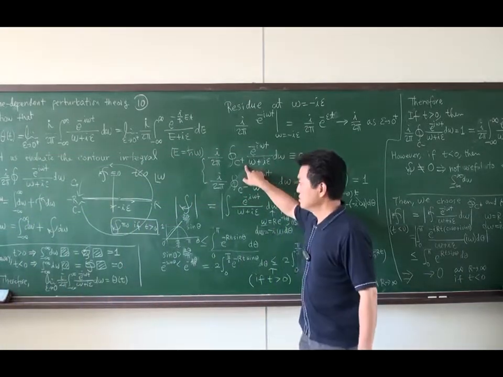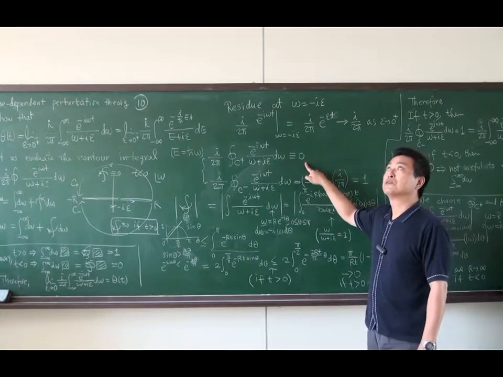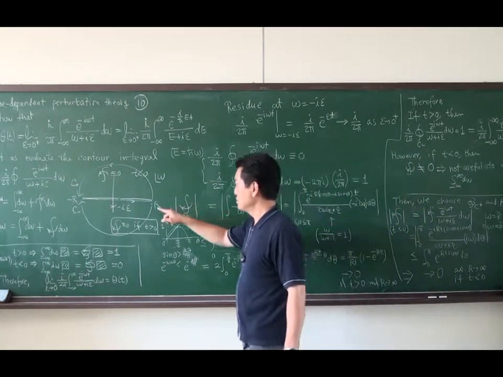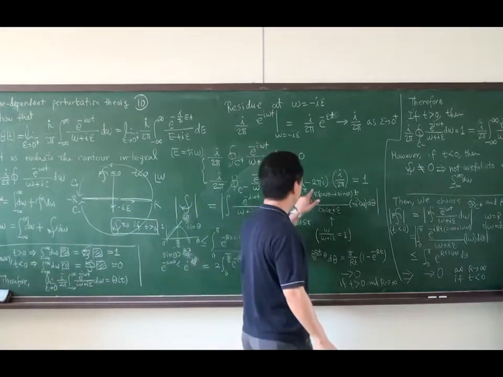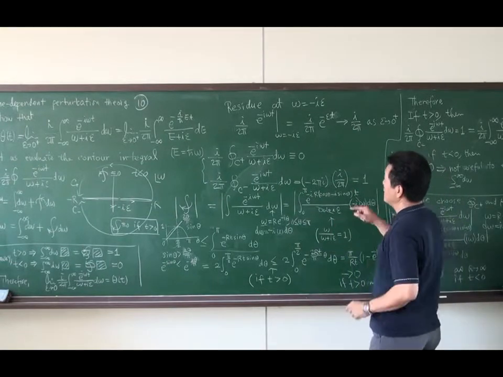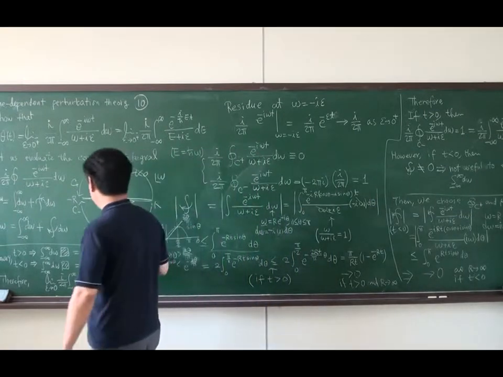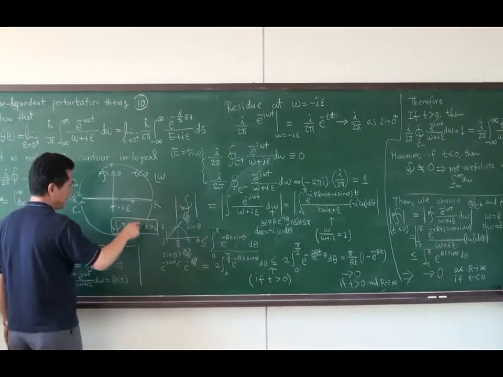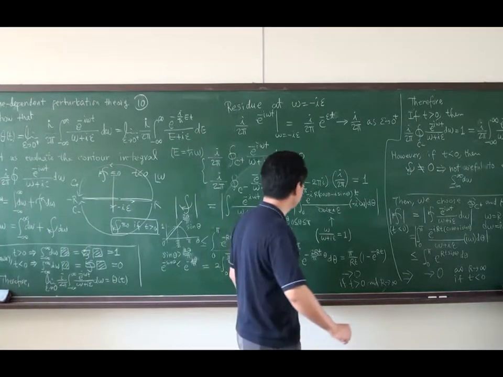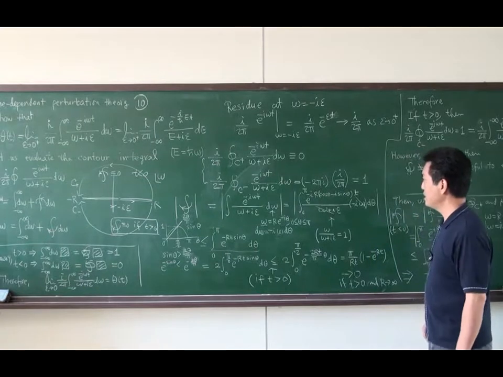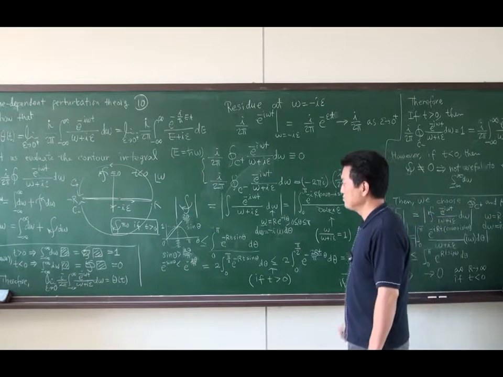On the path C plus, the integral is 0 for the closed contour, and for the path C minus, the integral is always 1. Why? The residue is i over 2 pi, I multiply by 2 pi i, and the path is along the clockwise direction, so I have put a negative sign here. If I multiply these factors, I have exactly 1.